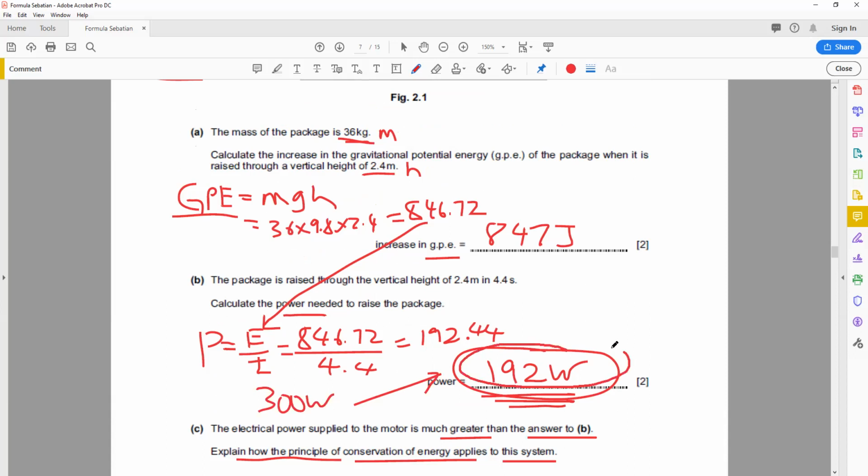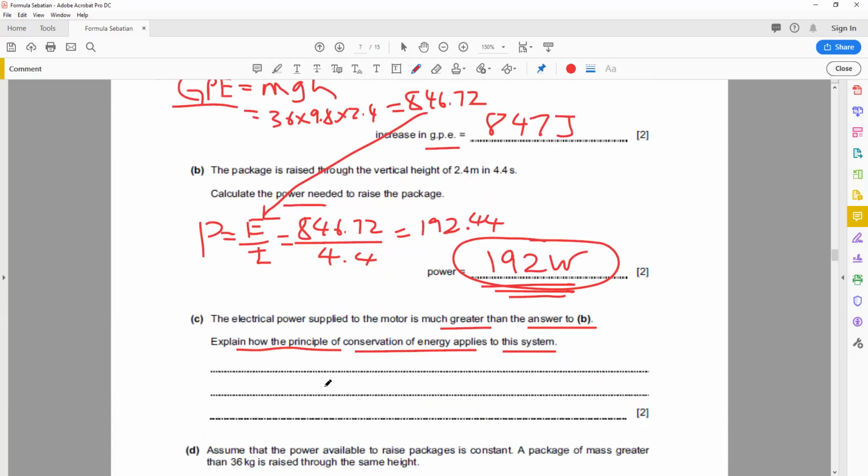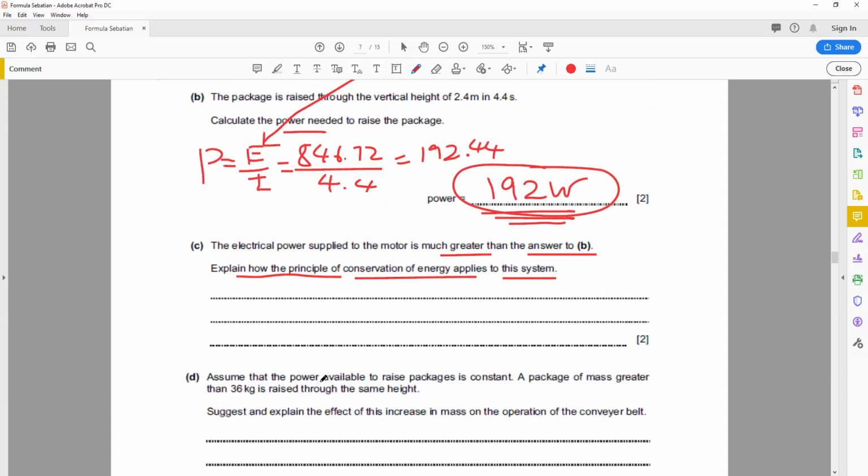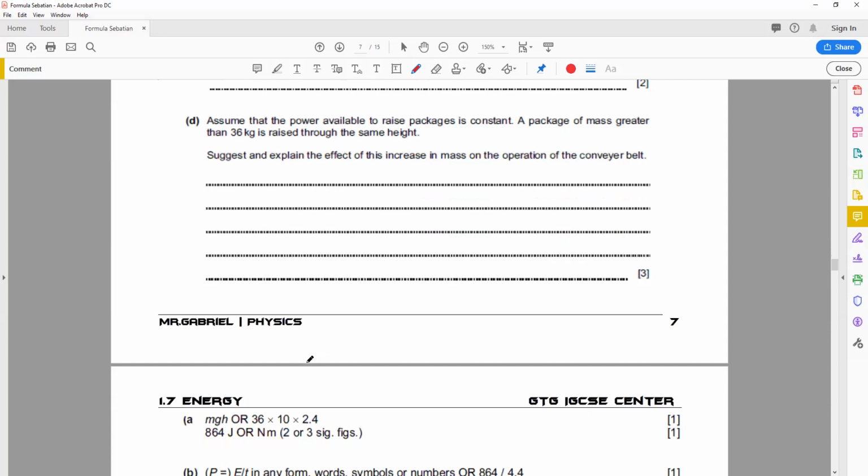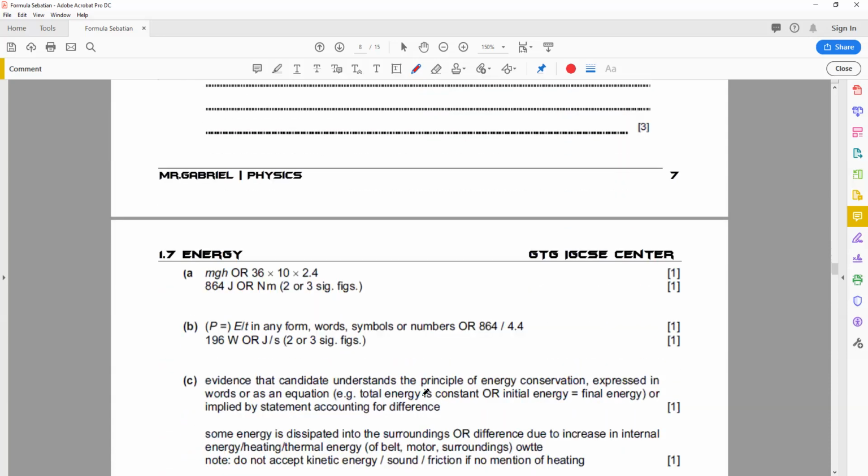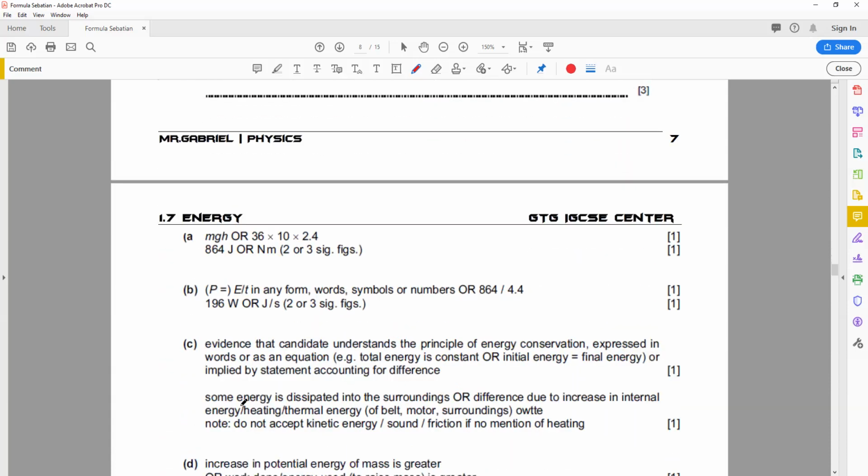Then how come only 192 watts? What happened to the rest of the energy? What could possibly happen to the rest of the energy? This is a very standard question with a very standard answer, guys. When you see these kinds of questions, you must state that the energy is always lost to the surrounding. It's a very, very standard answer, guys.